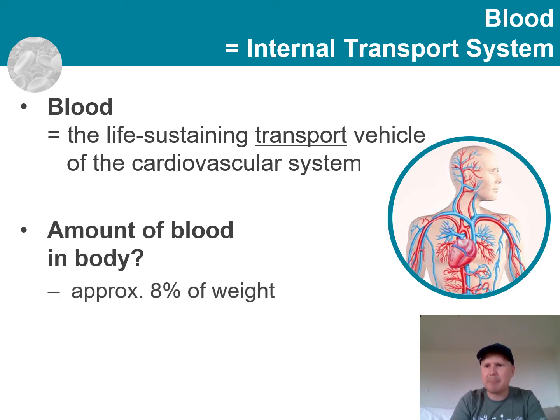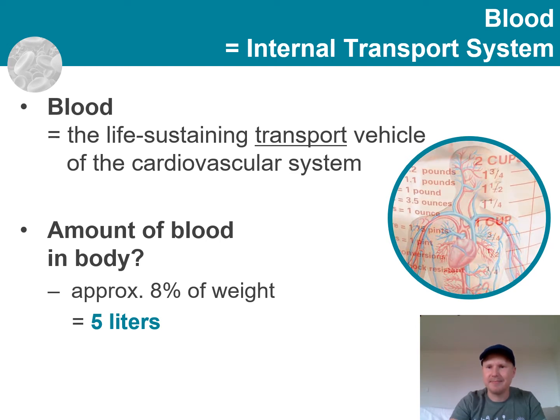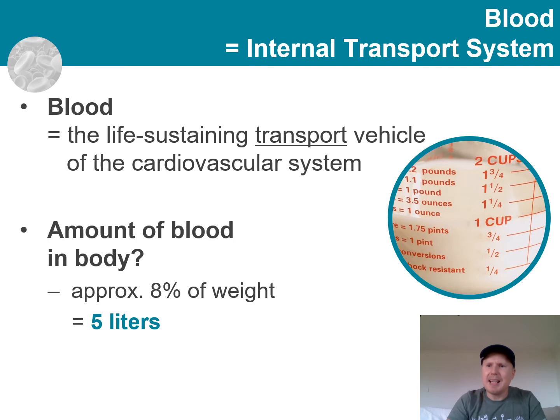This is typically approximately 8% of your weight, which makes it, on an average individual, roughly 5 liters. That is about 1.3 US liquid gallons for those of you who do not prefer metric system.